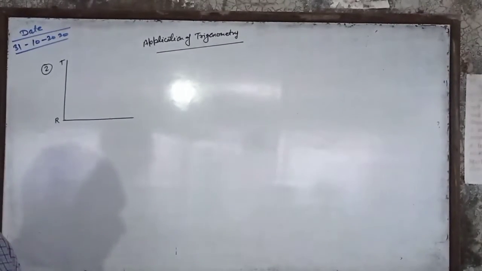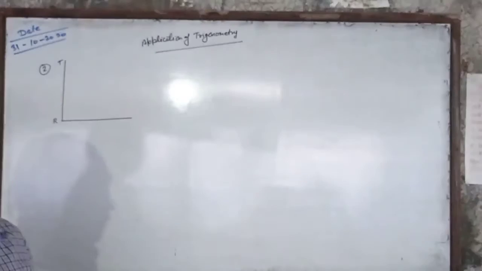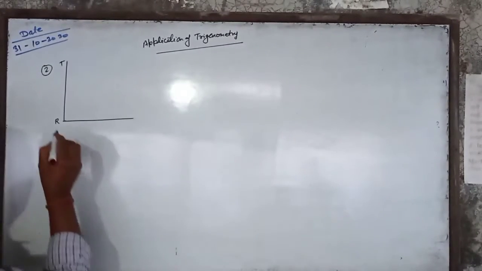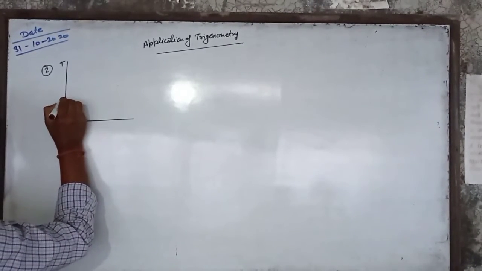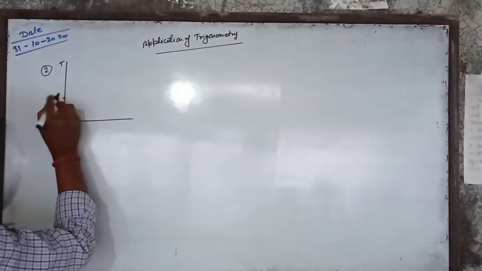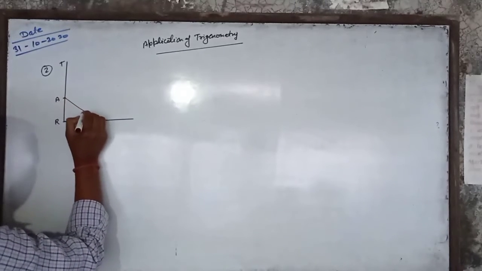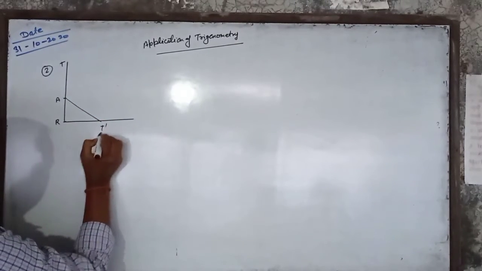According to the question, the tree is broken from a point A and bends and touches the ground at, let's say, T dash.